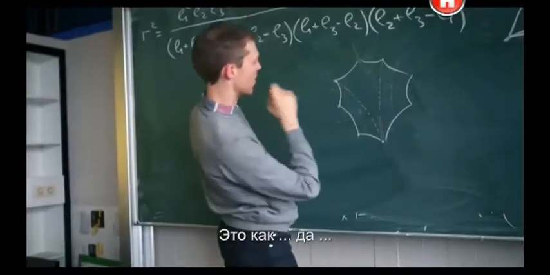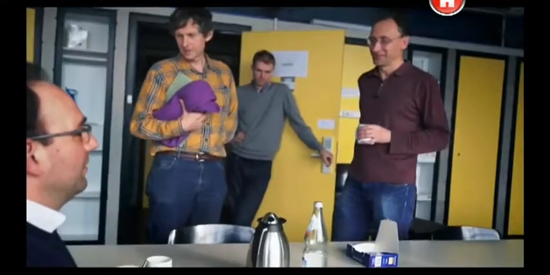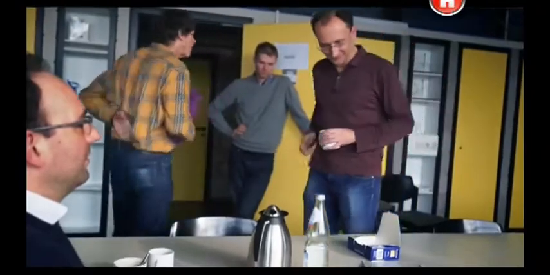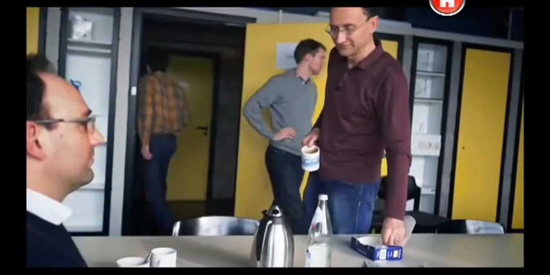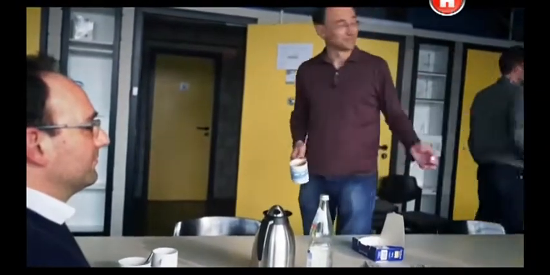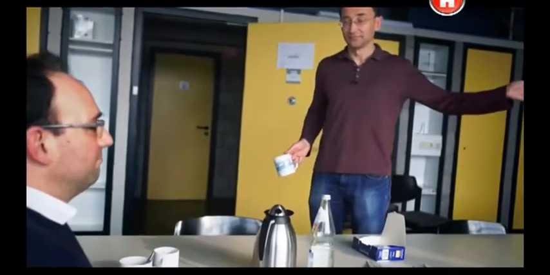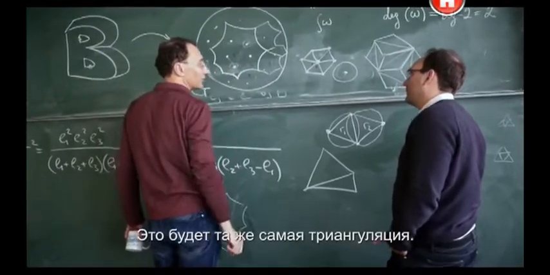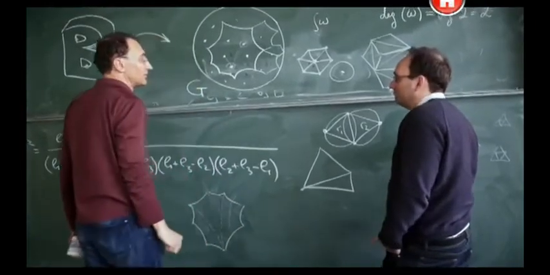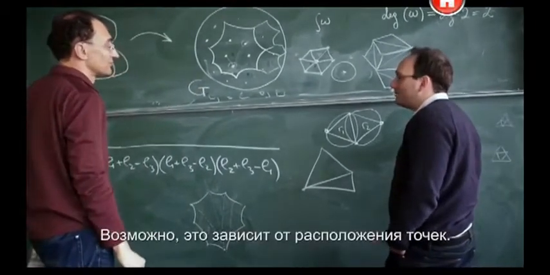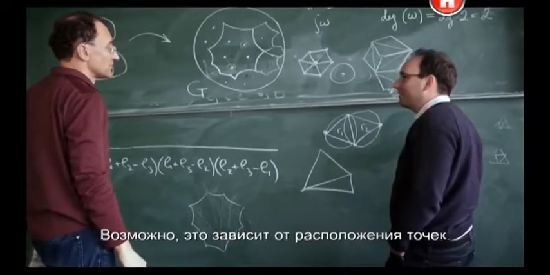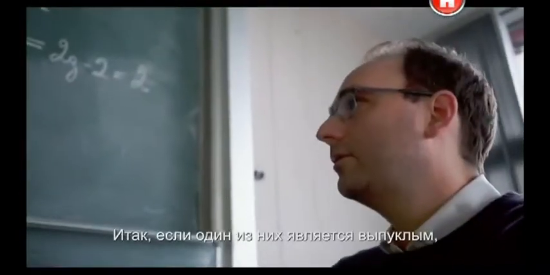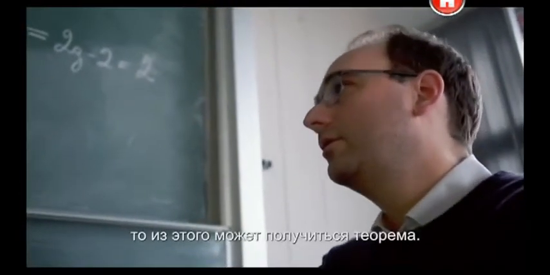Not perfect, yeah? It will be the same triangulation. Probably. It depends on the location of points. So if the polygon is convex, maybe it can be a theorem.